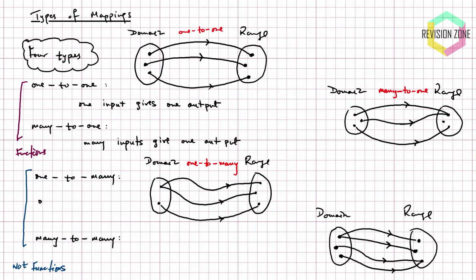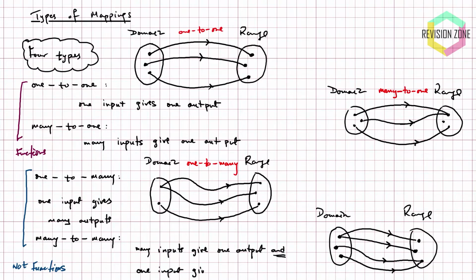One-to-many is one input gives many outputs. And many-to-many is perhaps a better way of saying it, rather than saying many inputs give many outputs, is to say many inputs give one output, and one input gives many outputs.